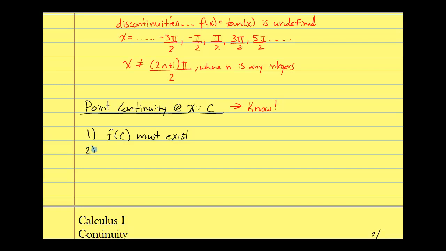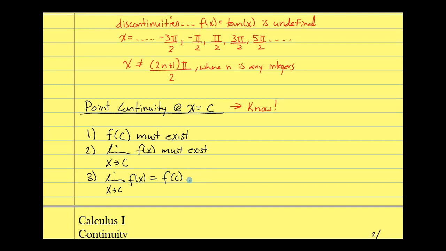The second rule of point continuity says the limit as x approaches that same value from the right and from the left, of course, must exist. So the point must exist, the function must exist. Now another way to say must exist is to be defined. Now the third step here is the limit as x approaches c of my function has to equal f of c.